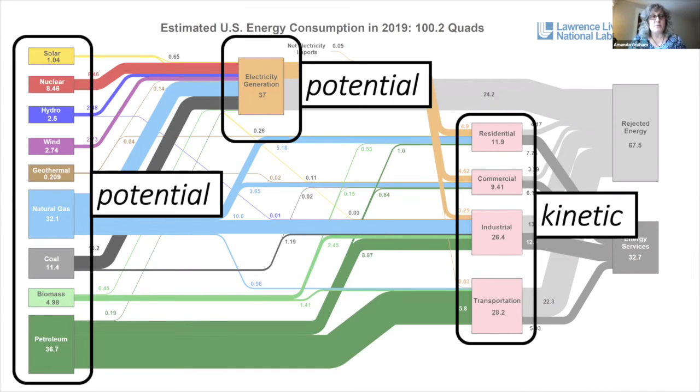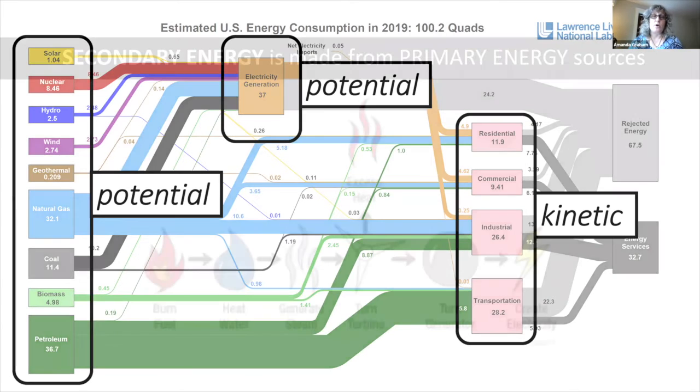Even our electricity, right, that's generated from those original sources of energy is a potential form of energy because it has not done the work yet. But then when you get over to the sectors that we use energy in here in the United States, we look at these different sectors of residential energy use, commercial, industrial, and transportation energy use. That's where we're looking at kinetic energy, energy that's in motion that is actually doing work.